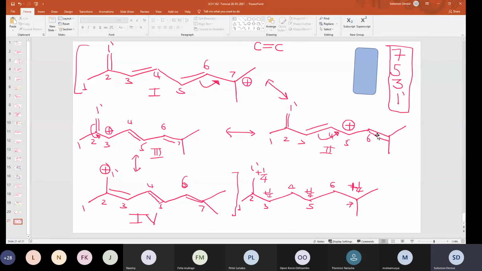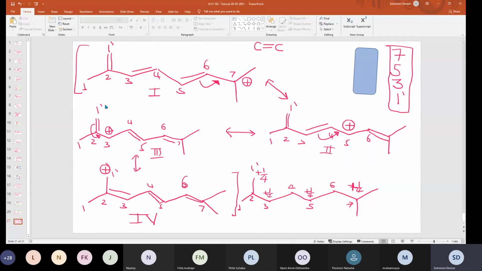If I come to resonance number 3, the double bonds, see, in resonance number 2 have a double bond between 3 and 4, but between 3 and 4 now it's a single bond, but the double bond instead is between 4 and 5. If I go to resonance number 4, I do not have a double bond between 1 prime and 2 prime, and instead I have a double bond between 2 and 3.